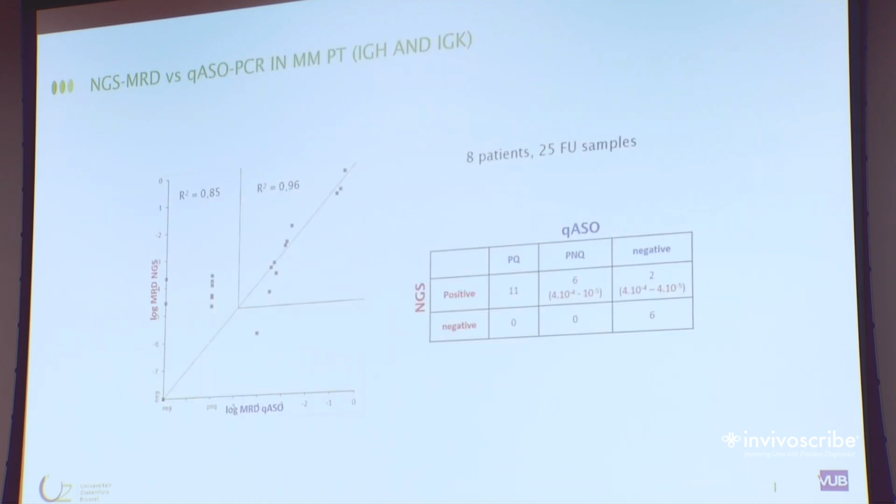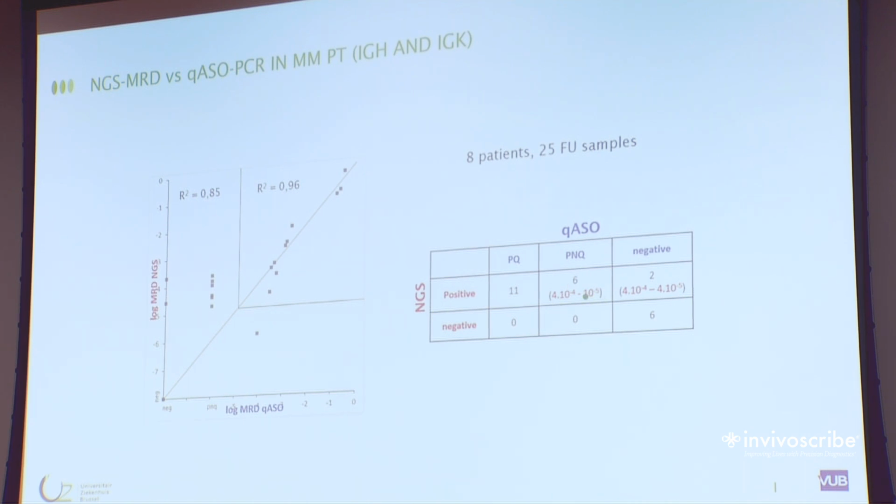So we did that also for a cohort of myeloma patients. And we had 8 patients for which we had ASO PCR ready, 25 samples. And here we have also a really nice, good correlation in the quantitative range. We had 6 positive non-quantifiable samples by ASO, which we could quantitate by NGS.